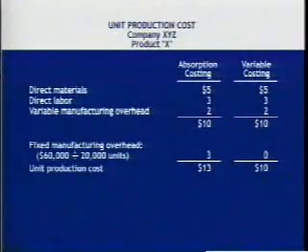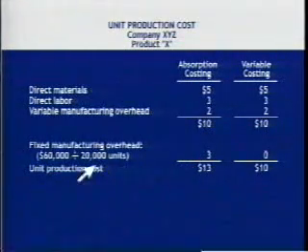For absorption costing, unit production cost includes direct materials, $5, direct labor, $3, variable manufacturing, $2, and fixed manufacturing costs of $3 per unit, for a total unit production cost of $13.